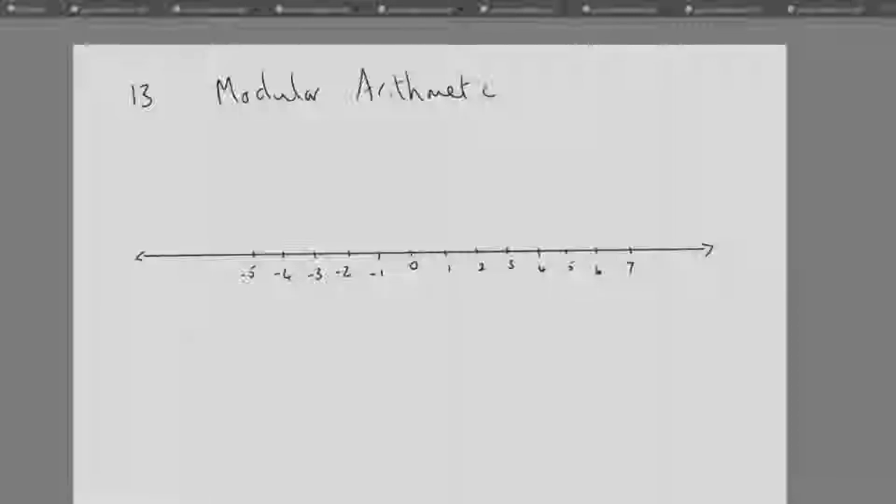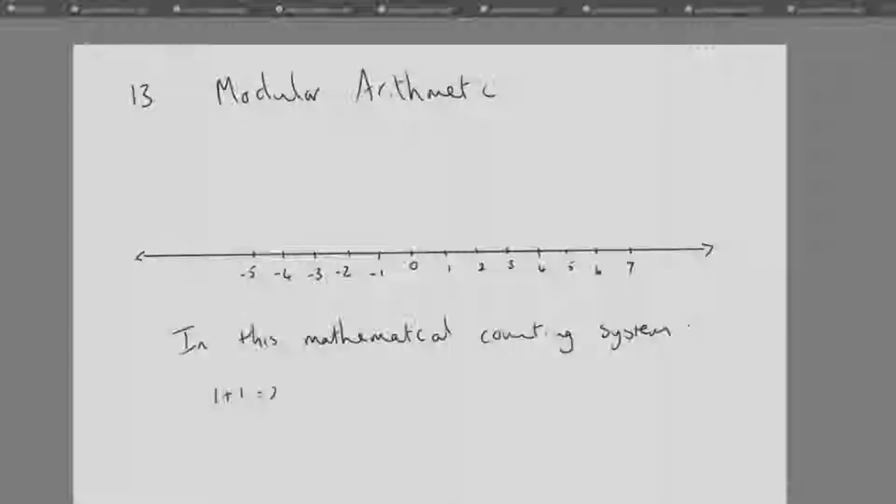In this mathematical system, let's call it a mathematical counting system, we learn 1 plus 1 is 2. 3 plus 7 is 10. 2 plus -3 is -1, and so on and so on.